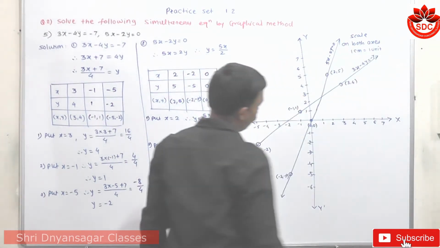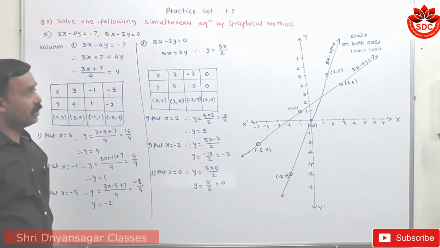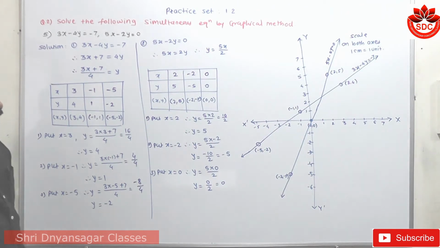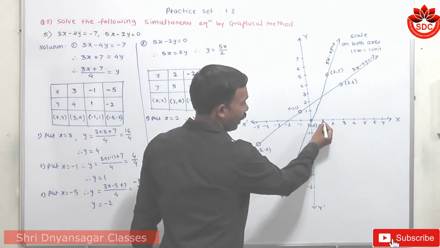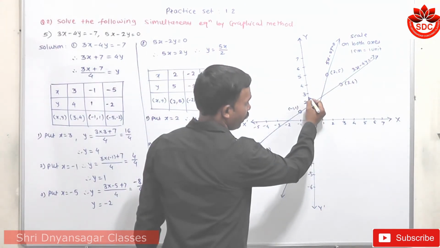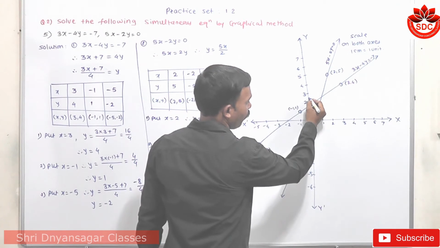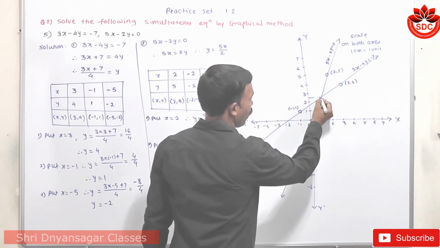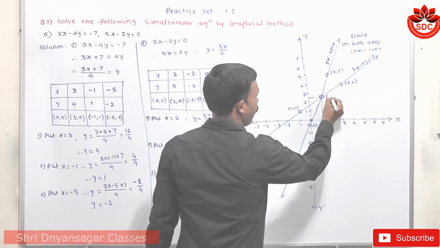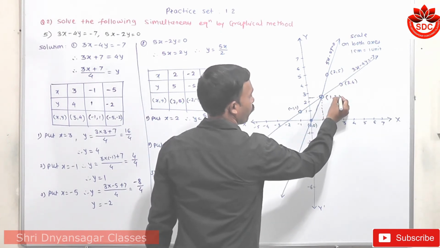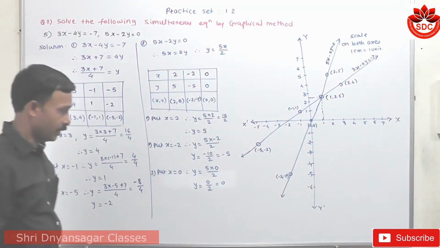Now students, when you look here, these two lines intersect at one point, and the point of intersection on the x-axis is 1, and y is nearly equal to 2.5. So here I have to write 1 and 2.5 as the point of intersection.